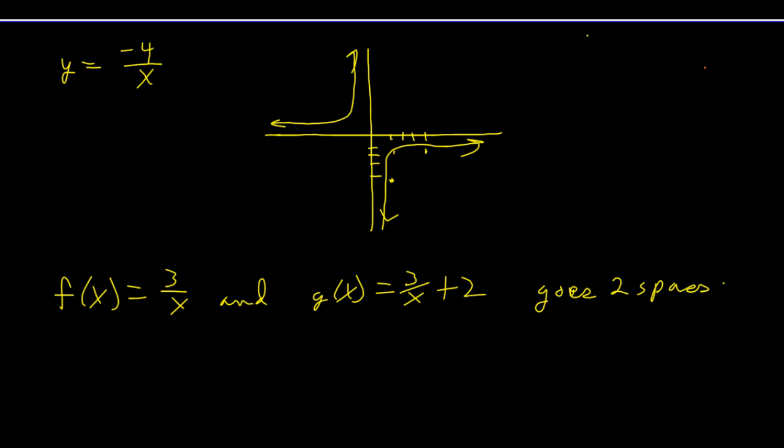Our vertical asymptote will still be x equals 0, but our horizontal asymptote now becomes y equals 2. And so if we want to graph this function, it's going to look the same as 3 over x, except that instead of having an asymptote at 0, it's going to have an asymptote at 2. And we'll come right through here.